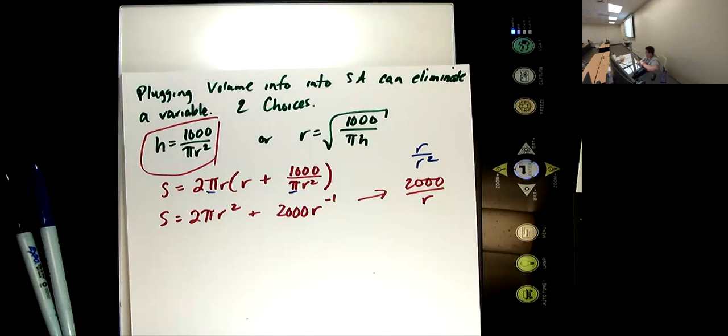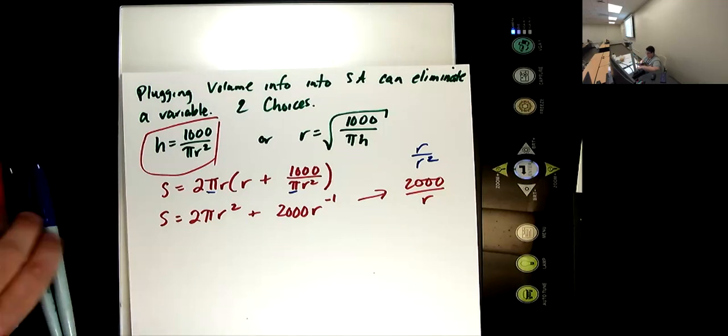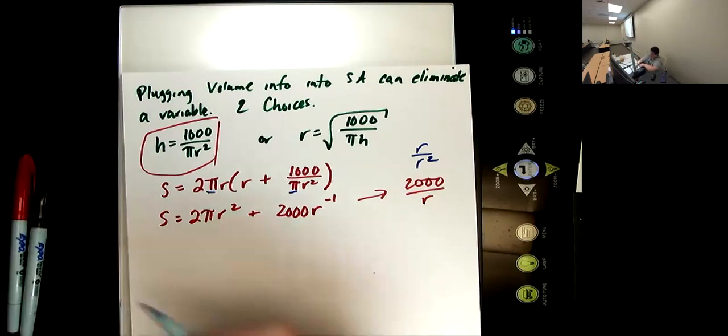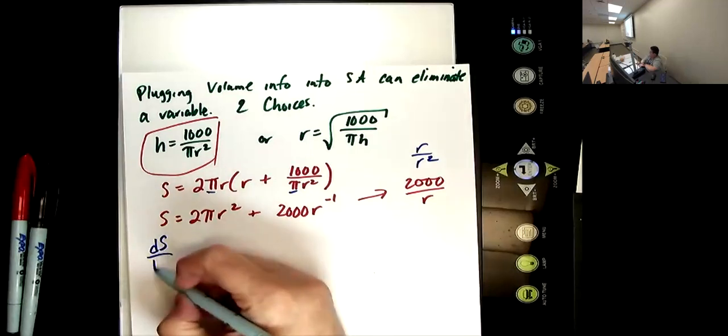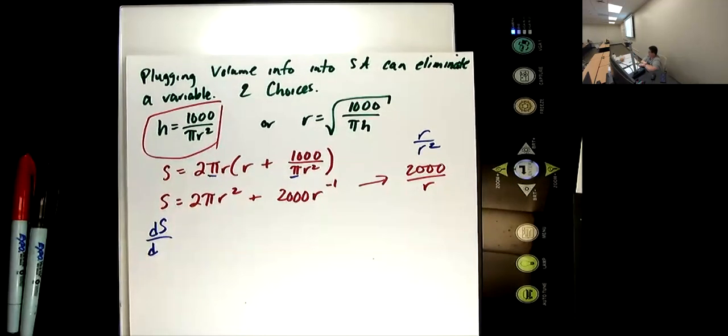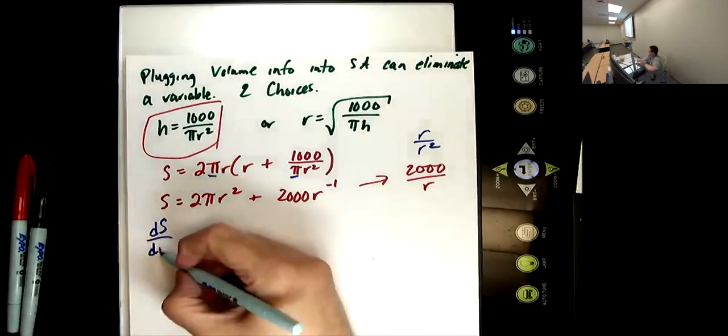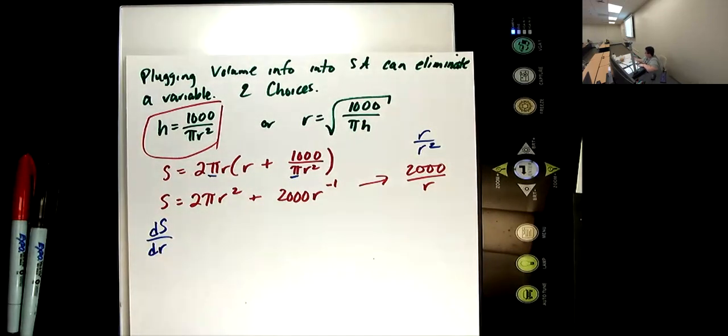And now I know what I'm going to do dS with. dS d what? r. That's the variable we got there, right? Might as well do it in terms of that.